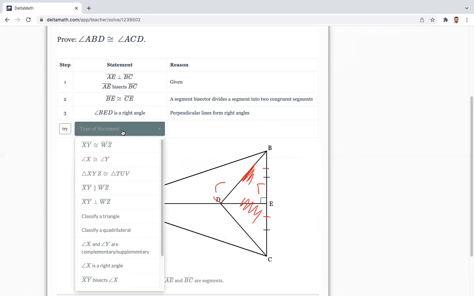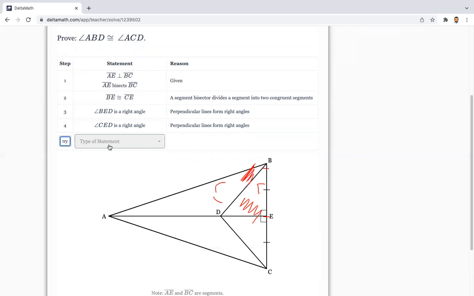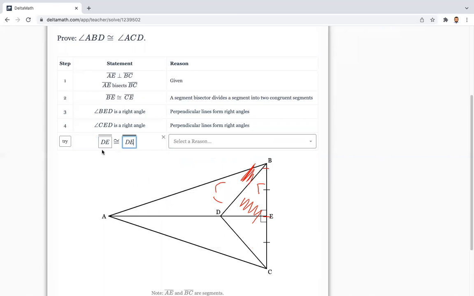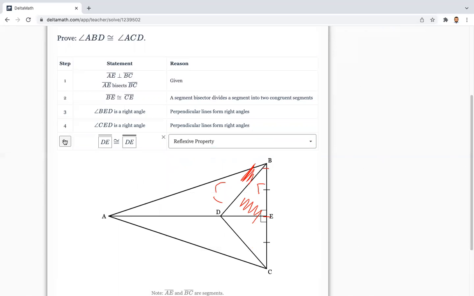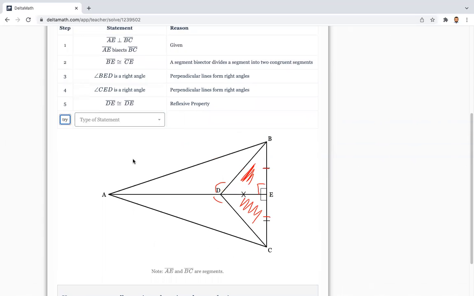I want to state that CED is a right angle by the definition of perpendicular lines. And then I can say DE is reflexive to itself. Reason there. Okay, I'm actually getting kind of distracted by my diagram markings.